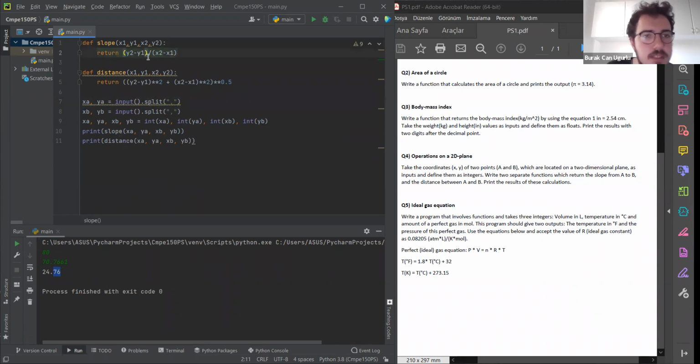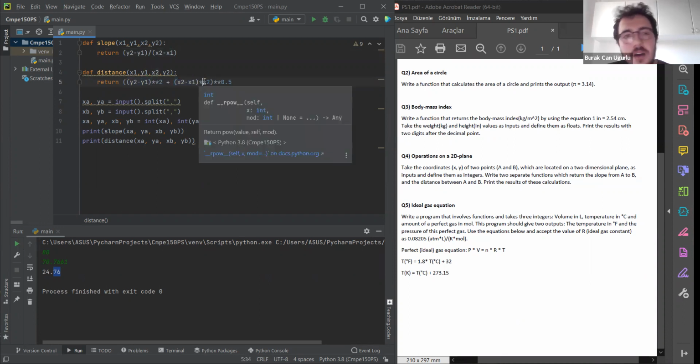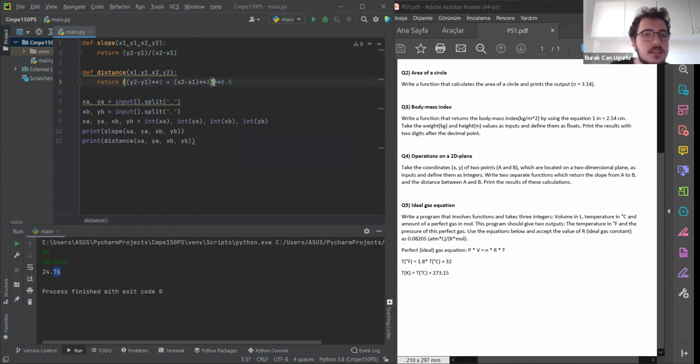And this slope function returns the slope, the difference between y coordinates divided by the difference between x coordinates. And the second function takes the y difference and squares it, and the x difference is squared by the power of 2, and the square root of this expression gives us the distance between these points.